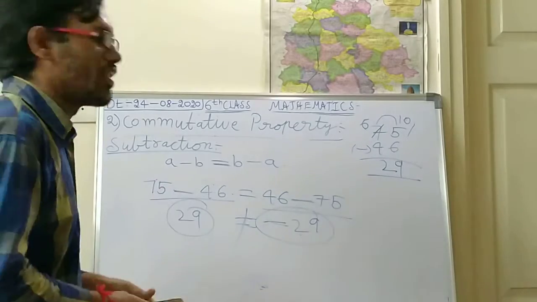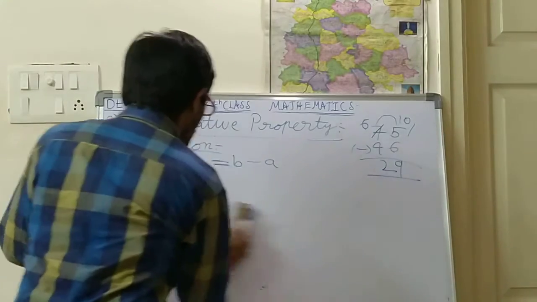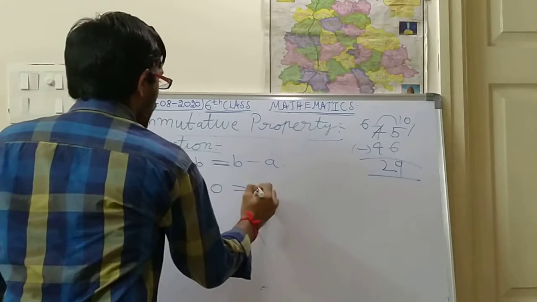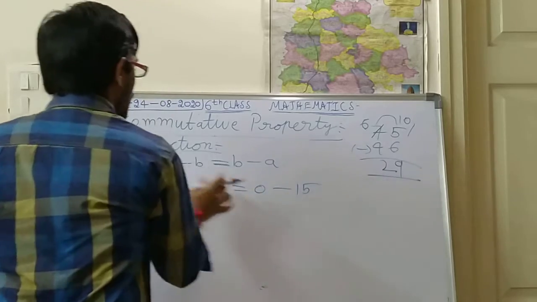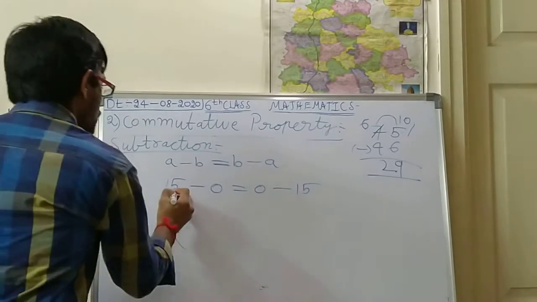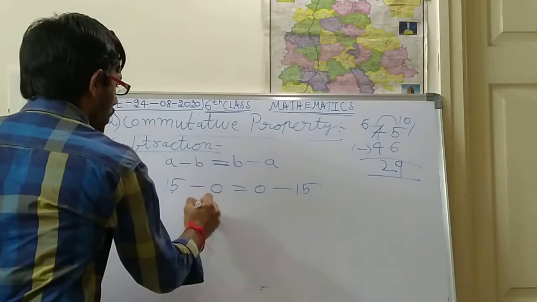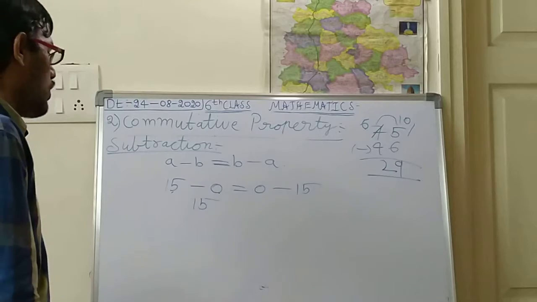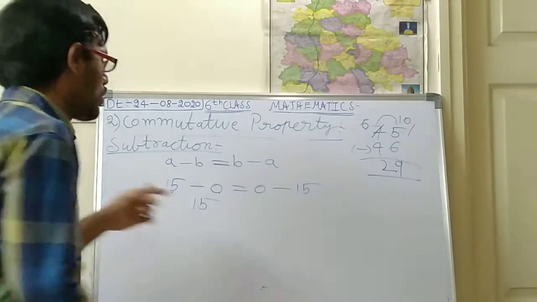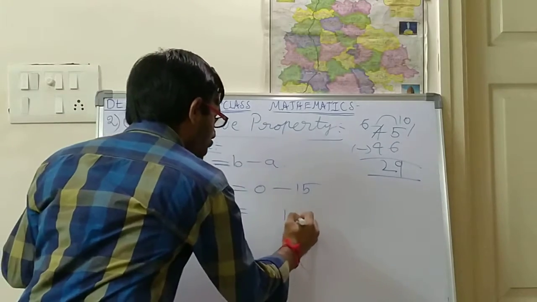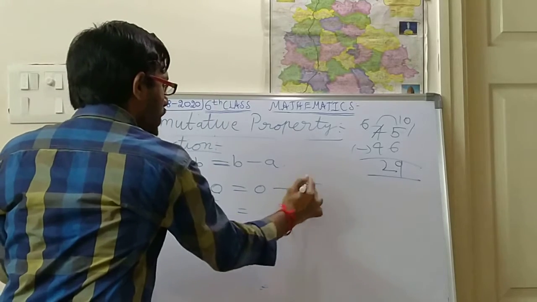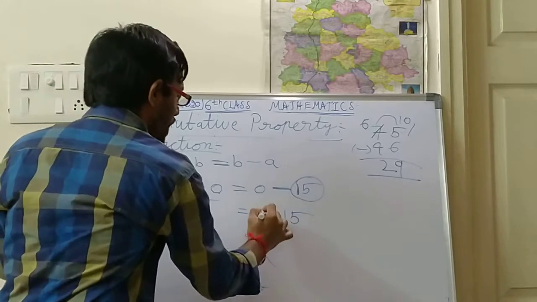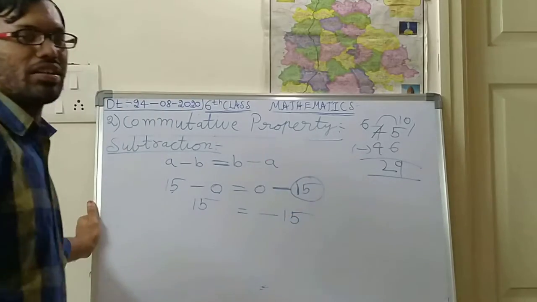Suppose you take 0. If you take 0, what will happen? Say I am taking 15 minus 0 and 0 minus 15, that is A minus B equals B minus A. 15 minus 0 is 15 only, there is no change of value. But 0 minus 15 is also 15 in magnitude, and for this greater number there is a minus symbol, so you keep minus 15.